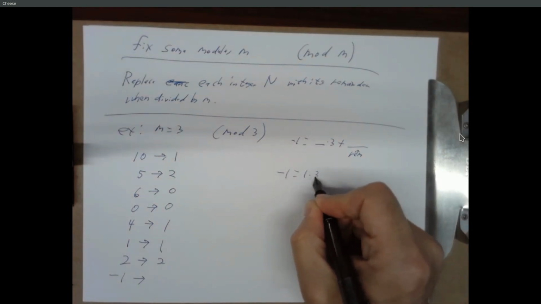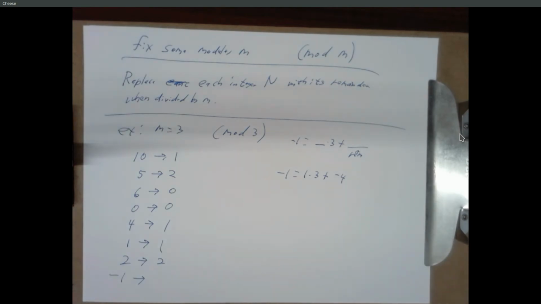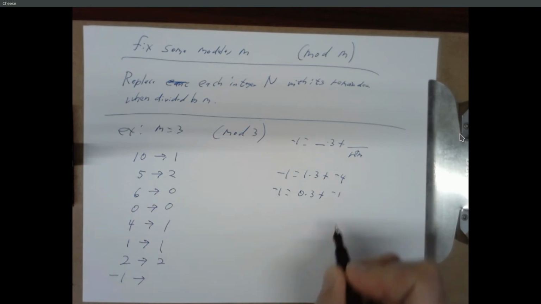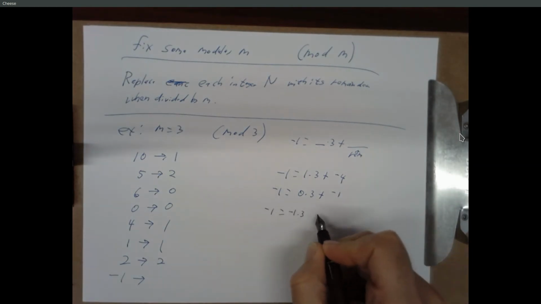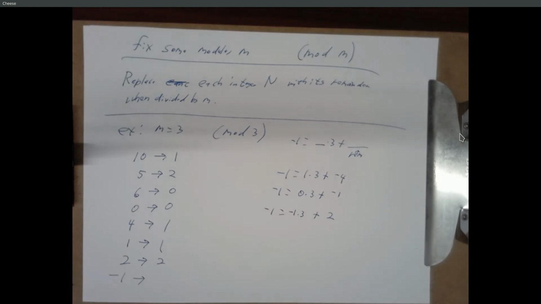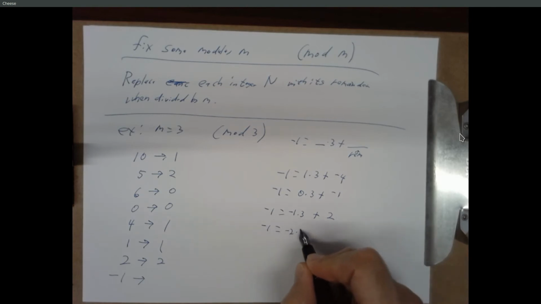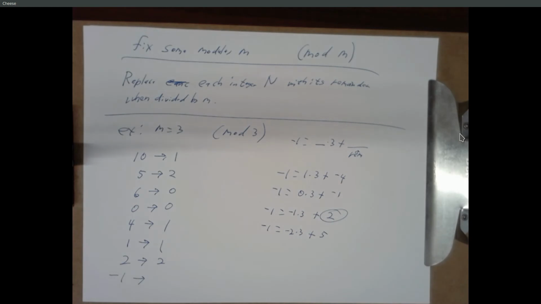So if I do 1 times 3, that's 3, my remainder is negative 4. That's no good. If I do 0 times 3, my remainder is negative 1. Well, that's still too small. If I do negative 1 times 3, that's negative 3 plus 2. Well, that's within range. And if I were to keep going, negative 6 plus 5, well, that's too big. So this is really the remainder. So that gets us back to 2.